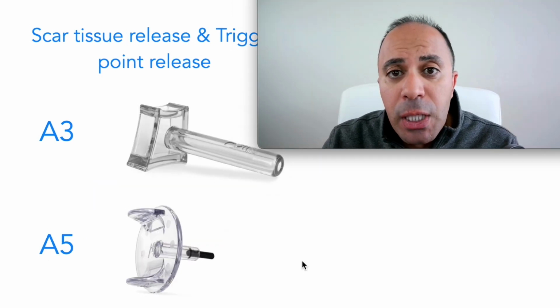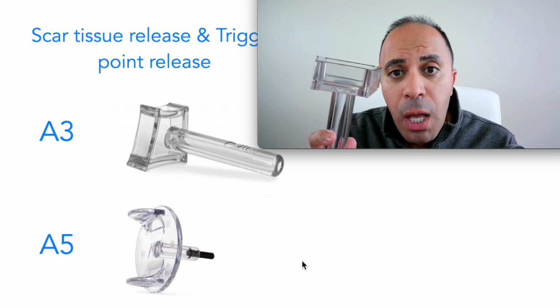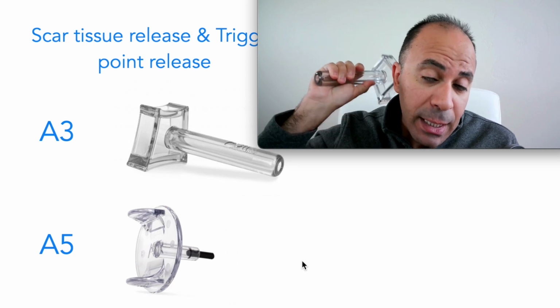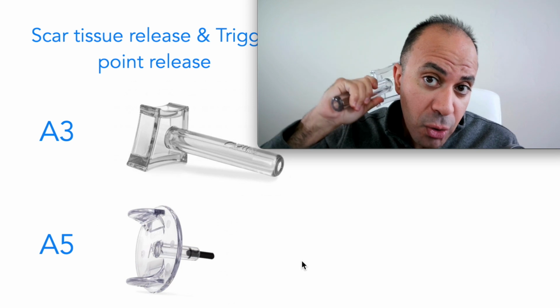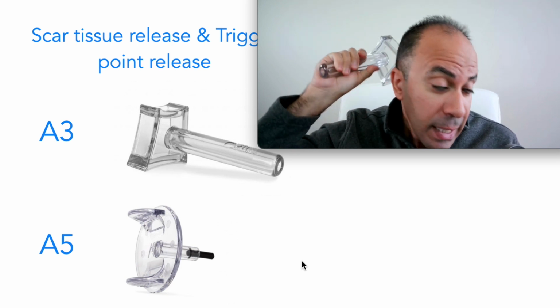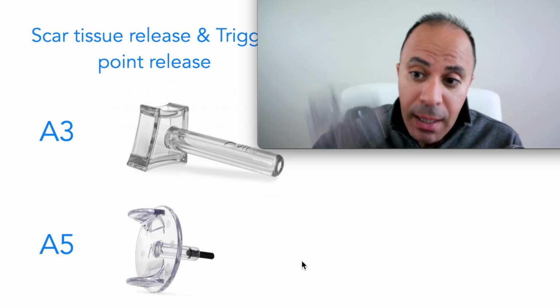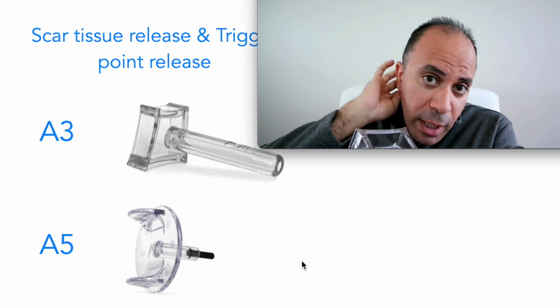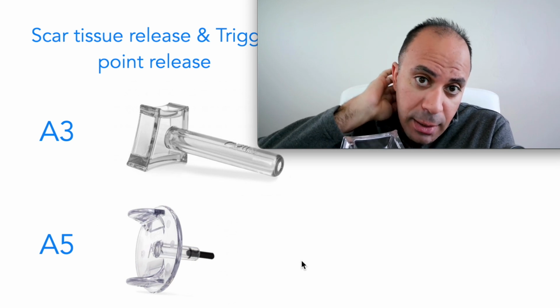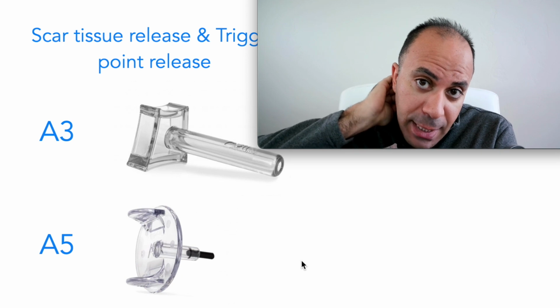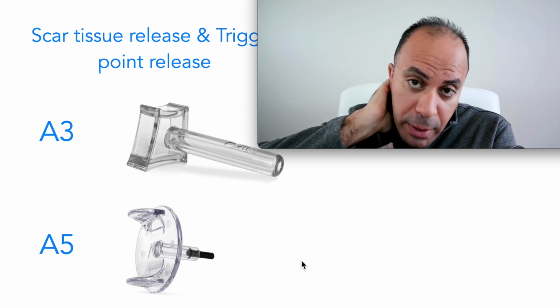What I personally use is the A3 tool to break the superficial scar tissue and release it in the neck area, the soft tissue in the muscle and the tendon that is compressing on the vertebrae.